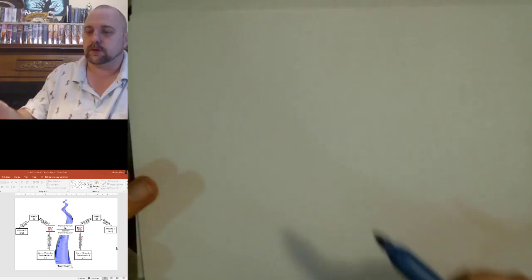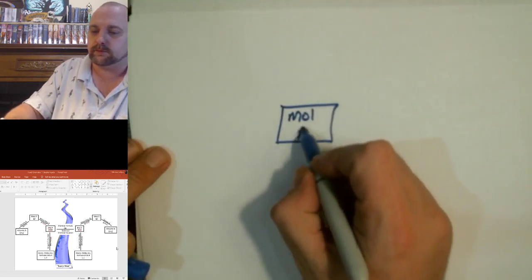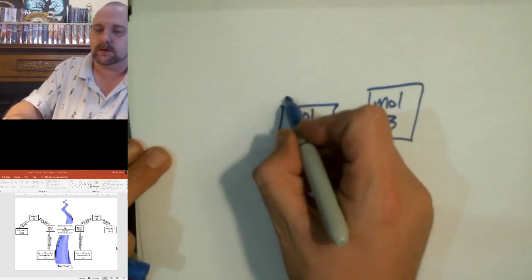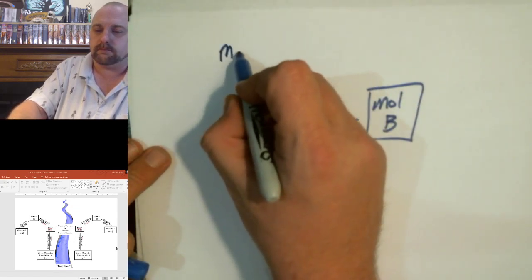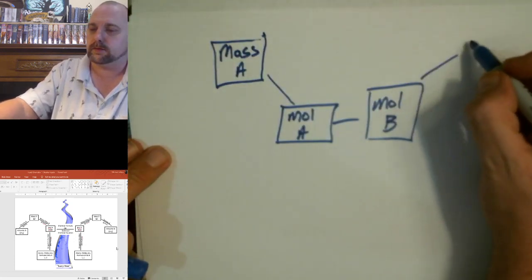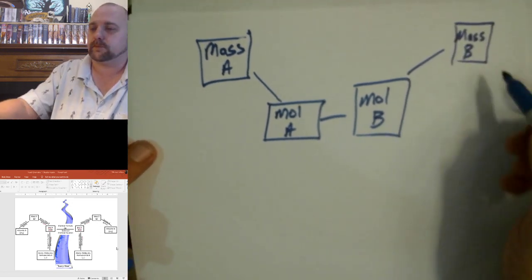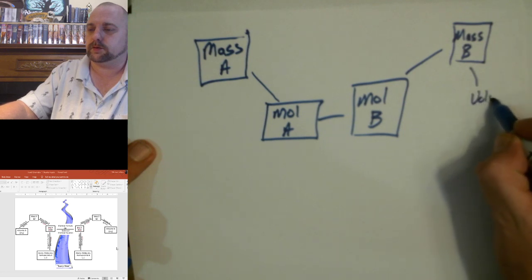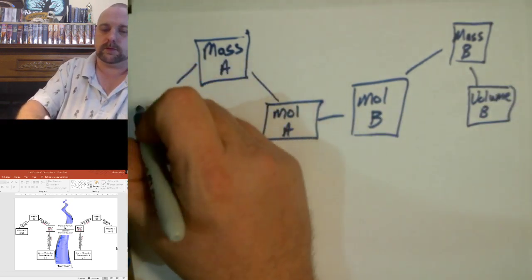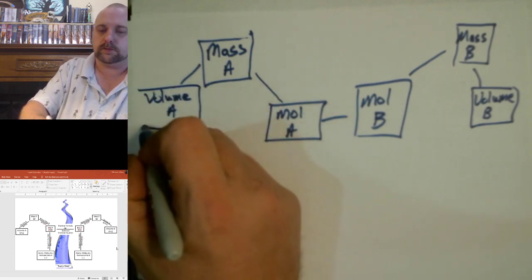And so I'm going to draw a couple of boxes. Here's my moles of A to moles of B. And up here I'm going to go to the mass of A to the mass of B over here. I'm going to come down to volume of B. And down over here, volume A. Notice it's all symmetrical.